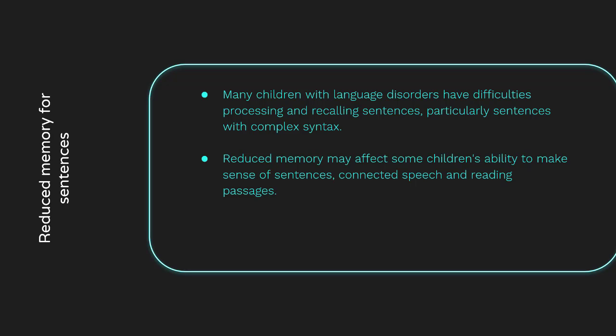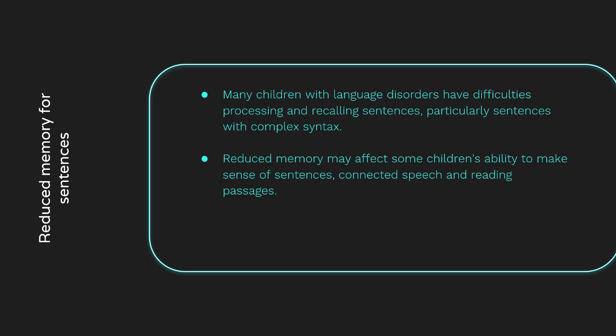Another thing that's been put forward as a difficulty for many children with language disorders is reduced memory for sentences. Another test that's very sensitive for the existence of a developmental language disorder is a child's ability to hear and repeat sentences, particularly long and complex sentences.